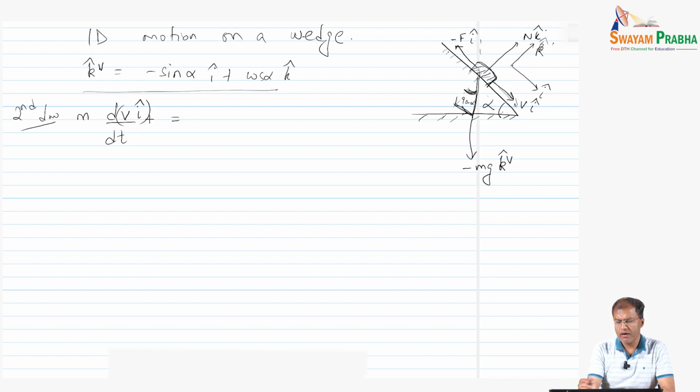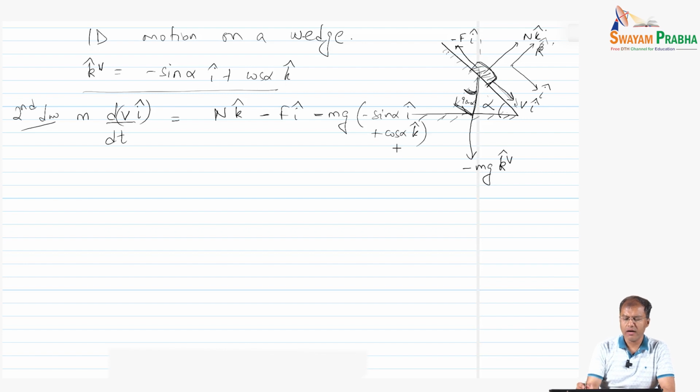Otherwise we will have two components that we have to resolve. And then the net force acting on the particle is N times k, which is along the positive direction, and then minus f times i, and then minus mg times k vertical. k vertical is minus sine alpha i plus cos alpha k.